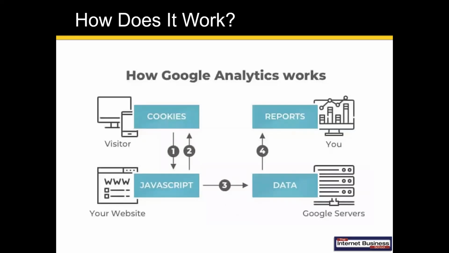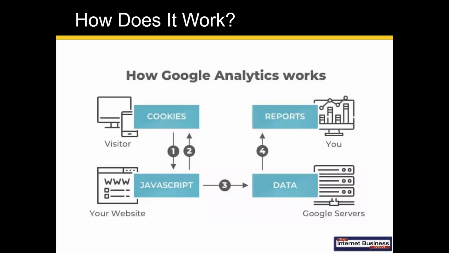You can't identify them in the sense of who they are, so we're not violating any GDPR here. Although you do want to make sure you have a privacy policy. You're not legally allowed to run Google Analytics without a privacy policy on your website.